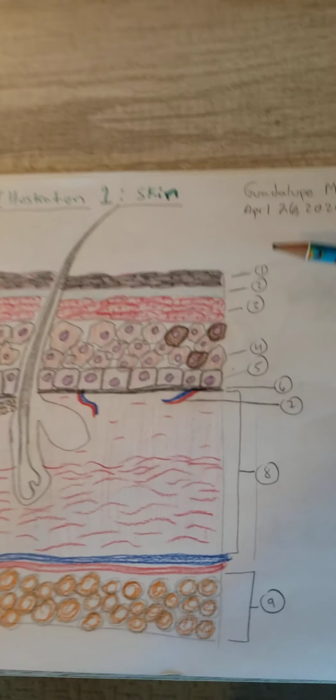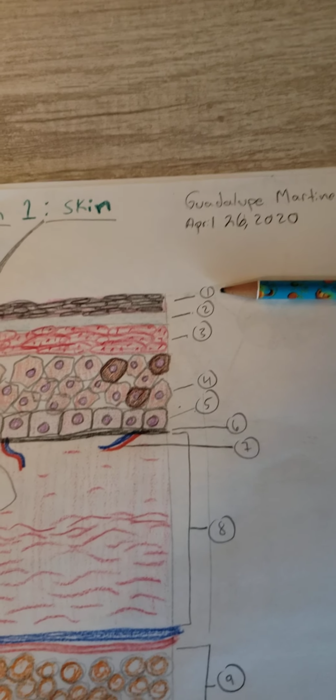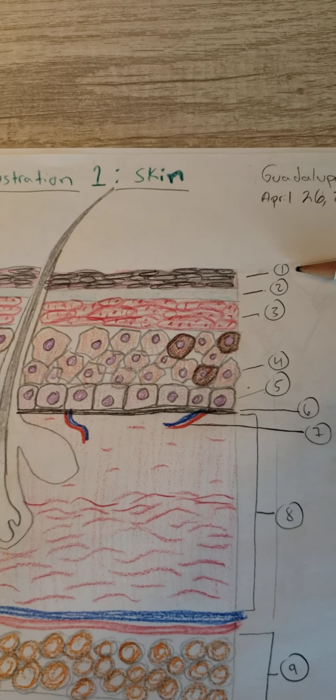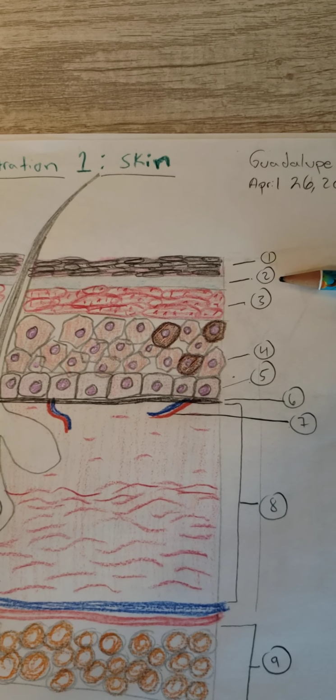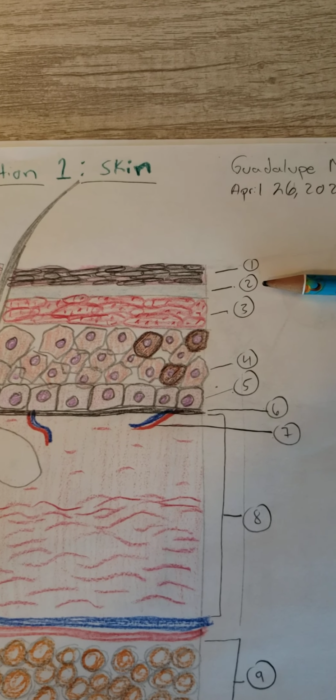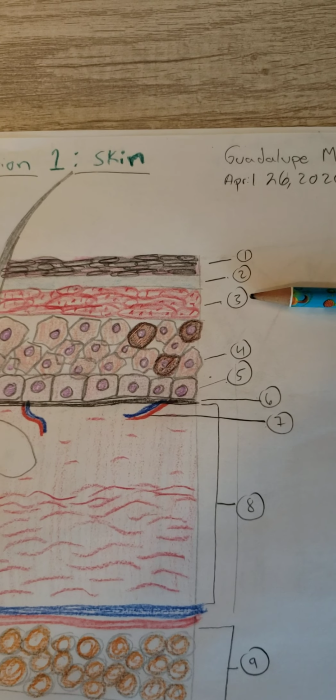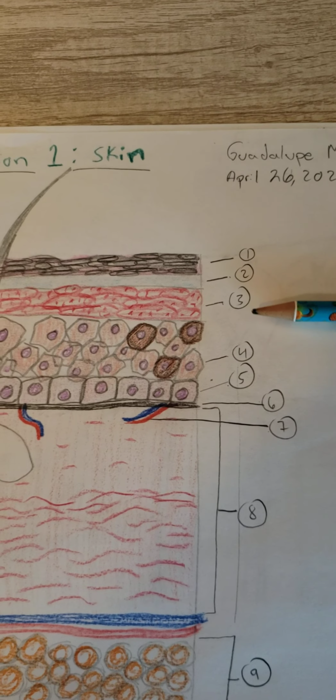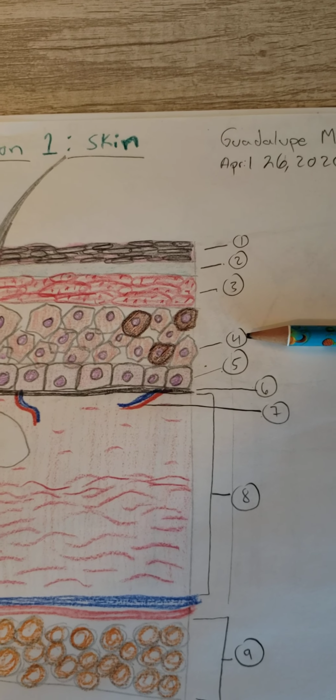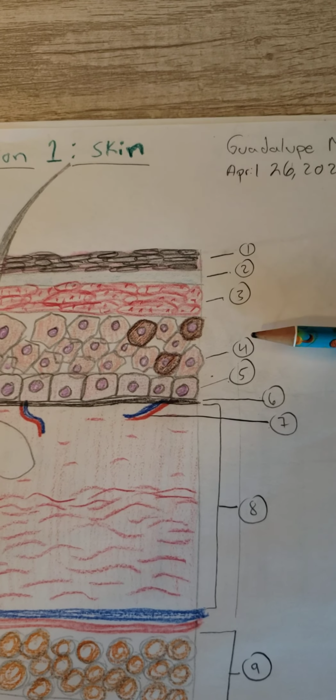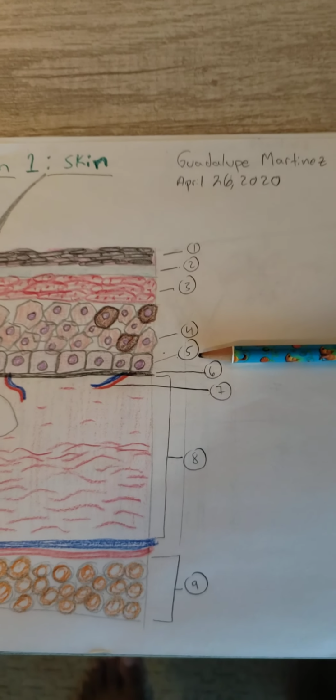Starting from the top, as you can see, number one right here, we have the stratum corneum, then the stratum lucidum, then number three, the stratum granulosum, the stratum spinosum, then the stratum basale.